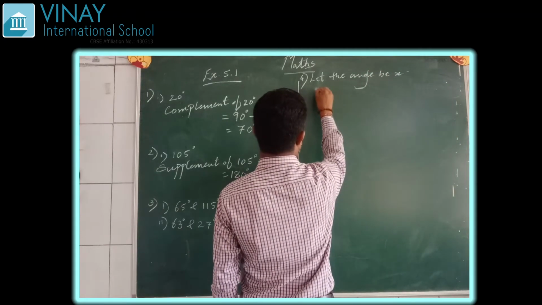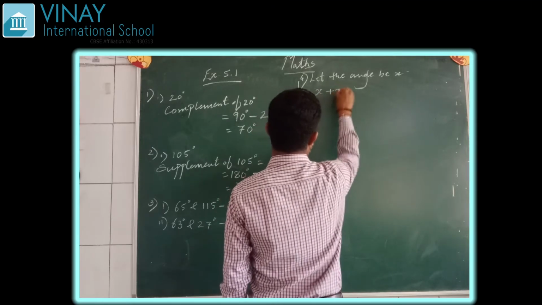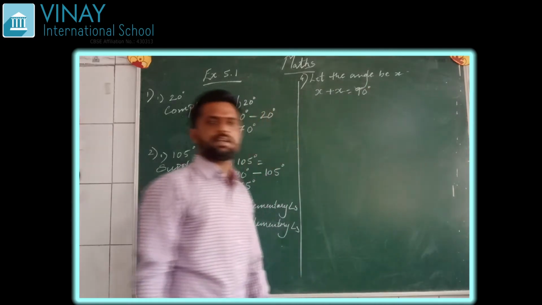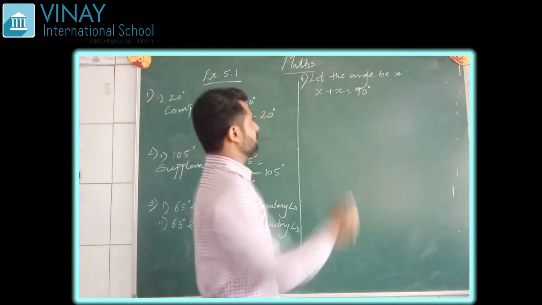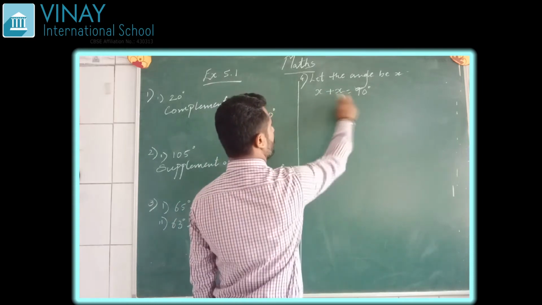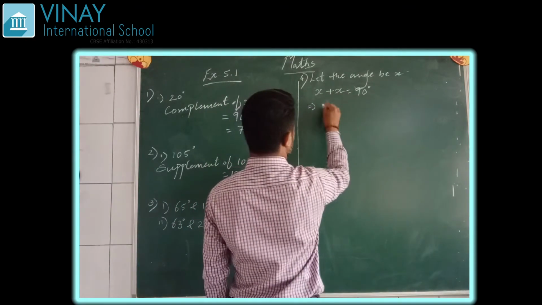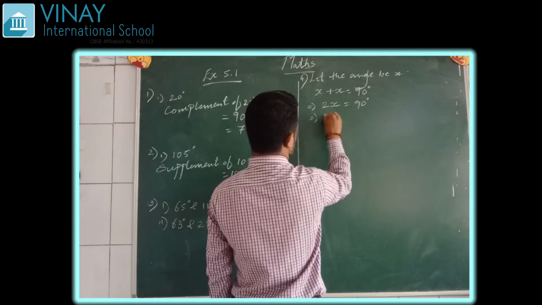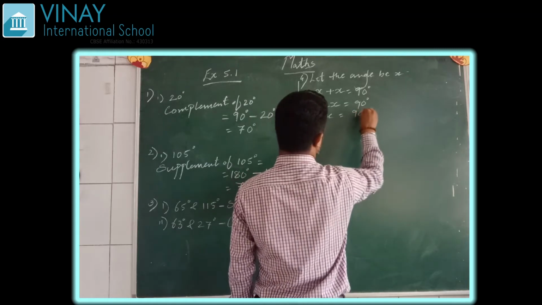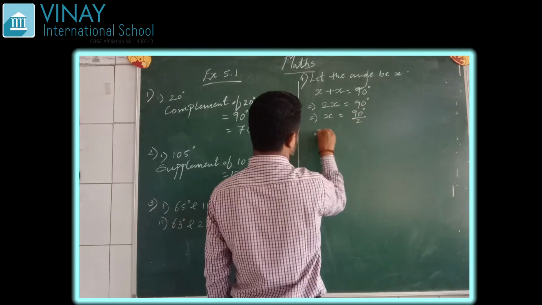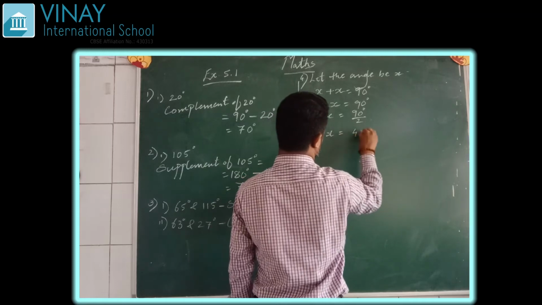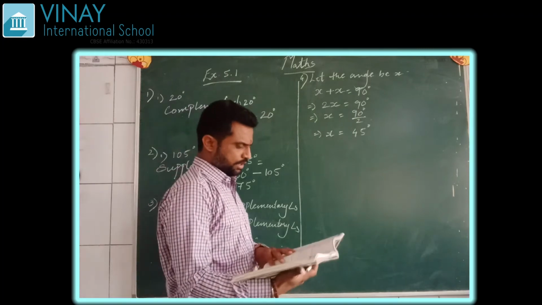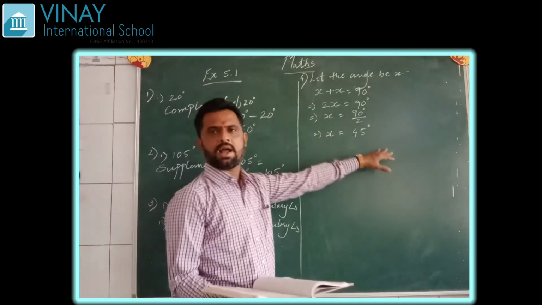Now according to the question, x plus x is equal to 90 degree. Now x plus x is 2x, which is equal to 90 degree. x is equal to 90 degree upon 2, so x is equal to 45 degree. So the angle which is equal to its complement is 45 degree.